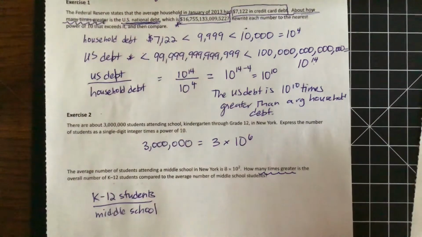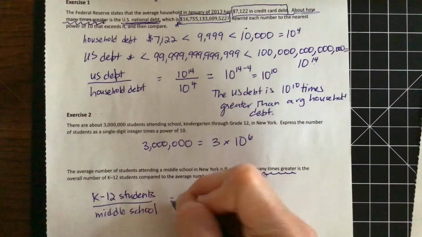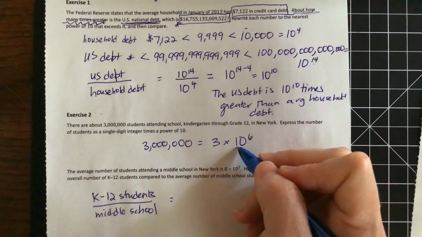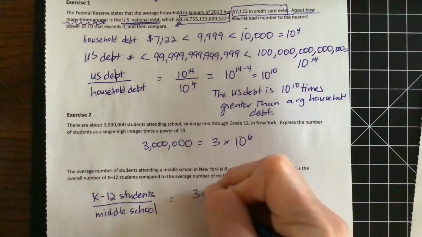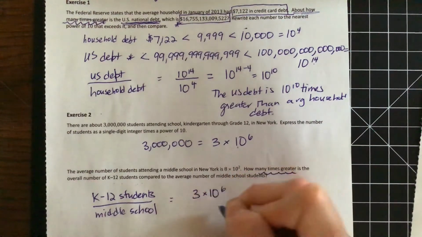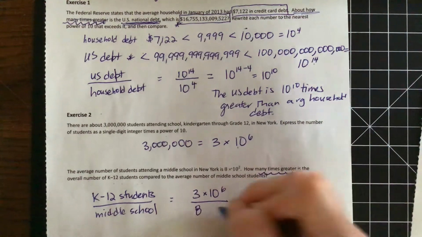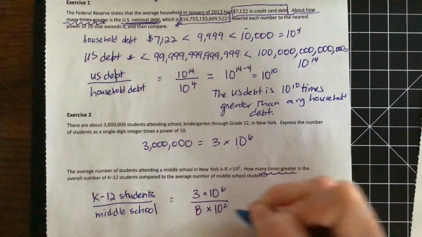And so since you have that, you're able to then write the 3 times 10 to the 6th power divided by the 8 times 10 to the 2nd, or it's a ratio, and now we're going to divide it.